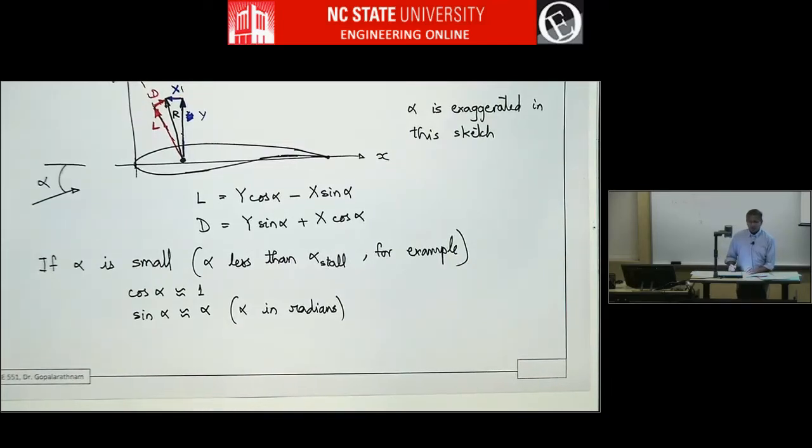For example, 10 degrees, right? Sine of 10 degrees is nowhere like 10. But if you convert 10 degrees to radians, it will be very close to the angle in radians. Even in fact 30. You can go to 30 degrees. 30 is what? 1/6. 30 is 1/6 of a radian, right? No. What is 30? Pi, it's pi over 6.